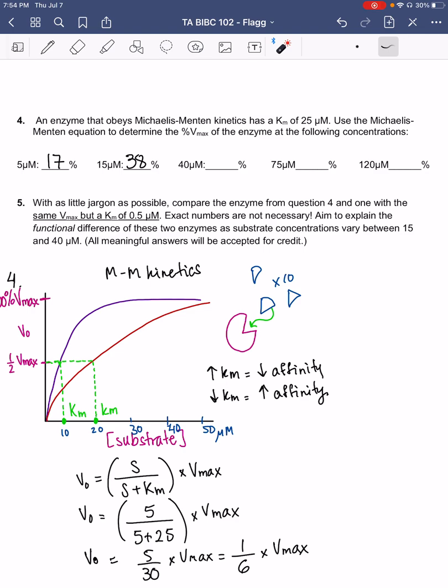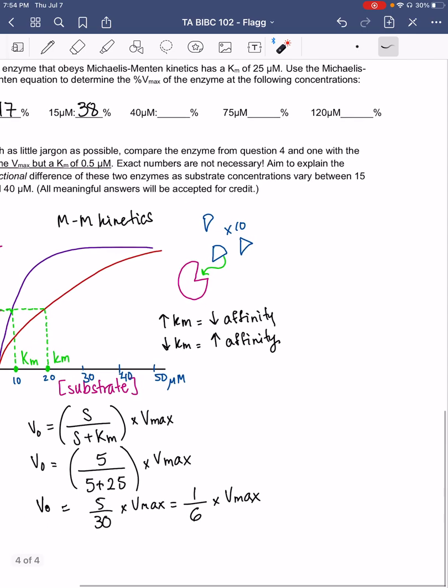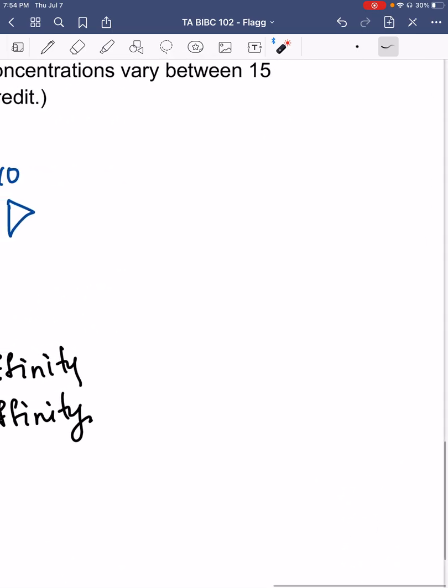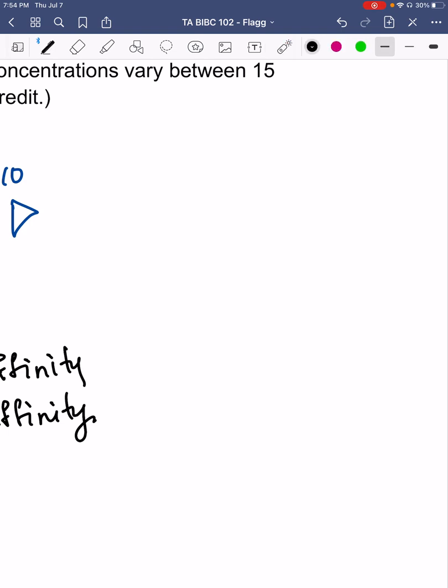Great. So we are comparing an enzyme that has a Km of 25 micromolar and an enzyme that has a Km of a much, much smaller number, 0.5 micromolar. I will zoom in here and draw another diagram so that we can compare these two.